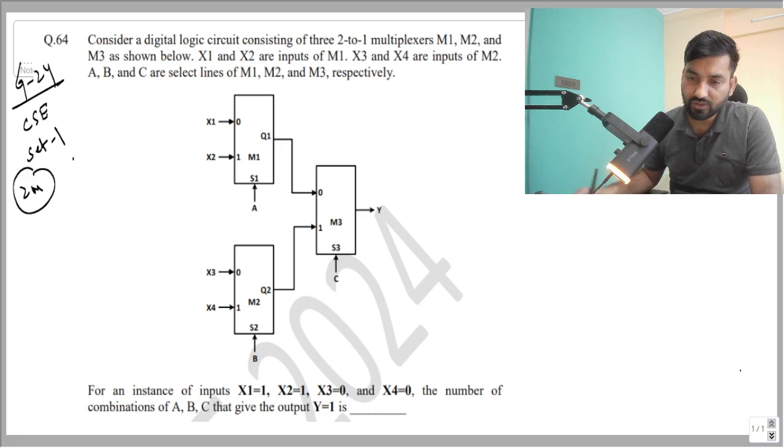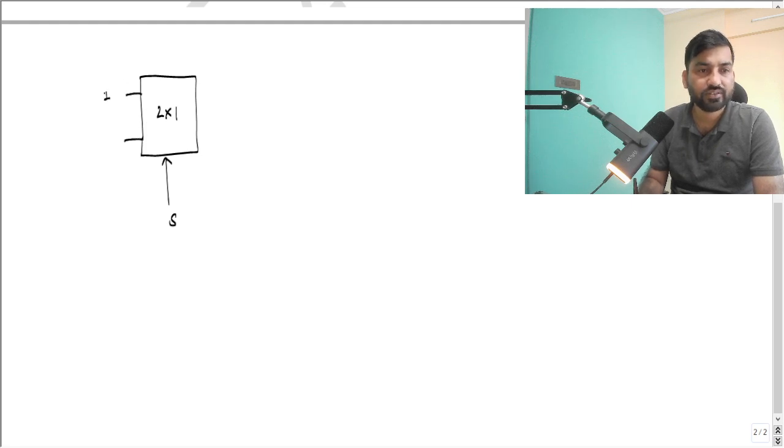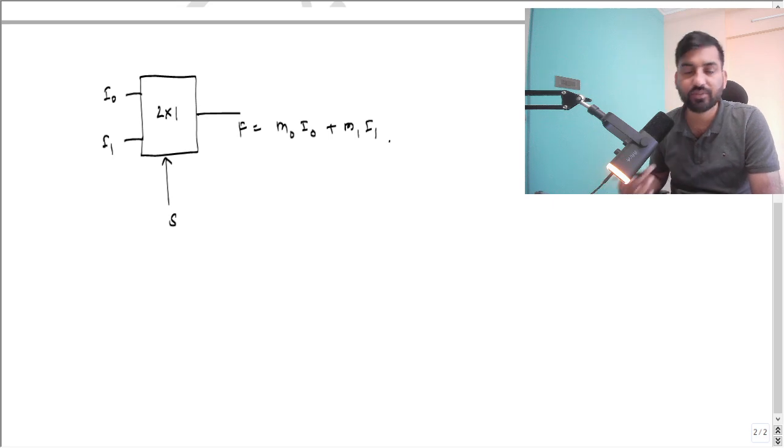When you look at this kind of question, you should know that if we have a 2:1 mux with a select line S, and inputs I0 and I1, the output can be written as M0 I0 plus M1 I1.